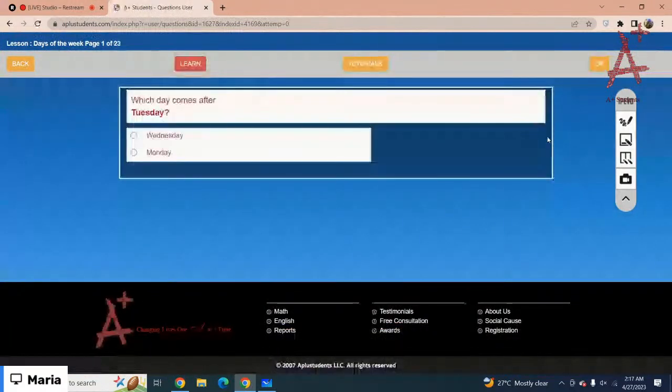Okay, which day comes after Tuesday? So which is the day after Tuesday? Let me just write down the names of the days on the board, then we'll see which is the day after the Tuesday.